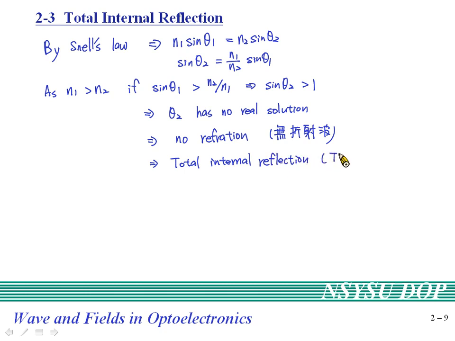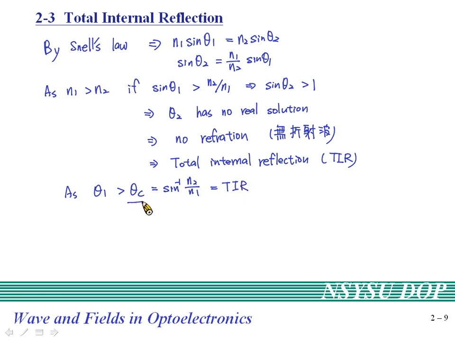For this situation, we call it total internal reflection, or just TIR. Okay? So, as the incident angle θ1 is larger than θc, which is defined as arcsin n2 over n1, then we will have total internal reflection.